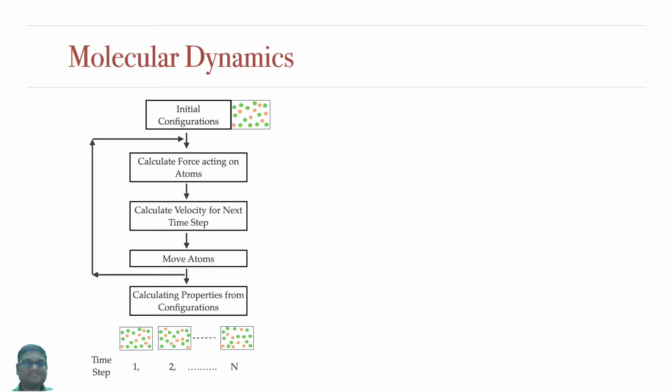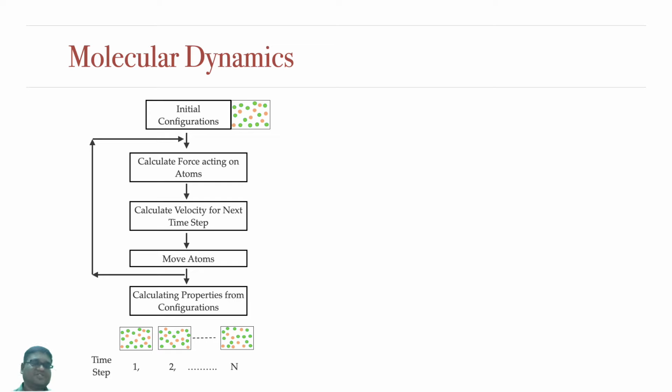Now we have the movements of atoms in the simulation box, and we can calculate properties like temperature, pressure, density, volume of the system, velocities, potential energy, kinetic energy of the atoms, and atomic assemblies of the system within the molecules. All of that we can calculate from these configurations.